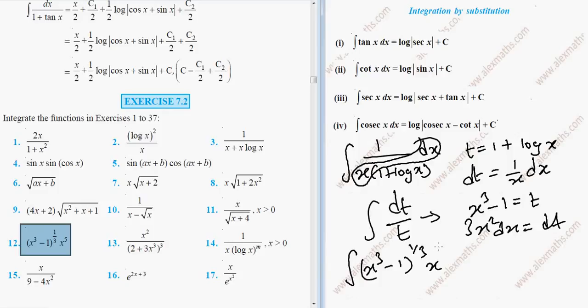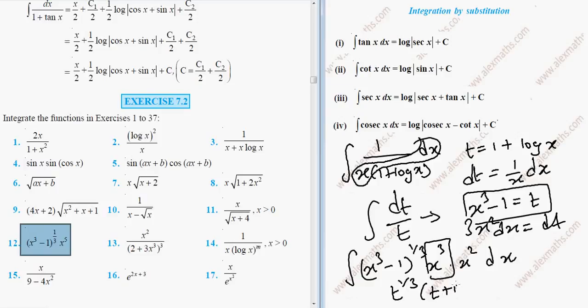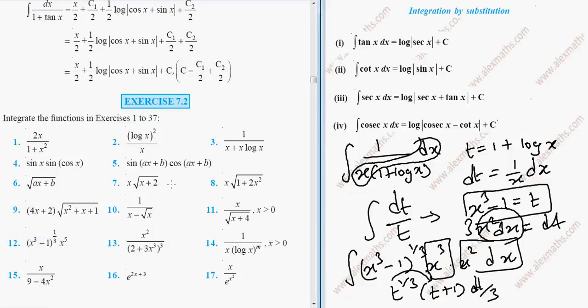This x power 5 should be written as x cube into x square dx because this is t power 1 by 3. Now this x cube I have to take from here, which is t plus 1. Okay, then x square dx is nothing but from here, dt by 3. Then after that I can multiply inside, then apply the basic formula. Okay, in this way we can continue the other problems.